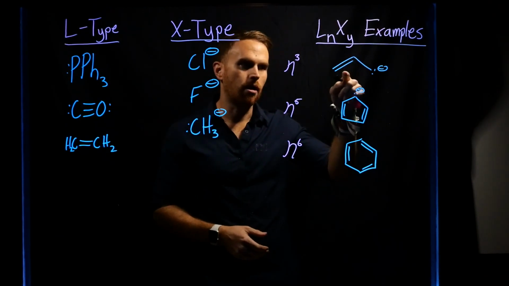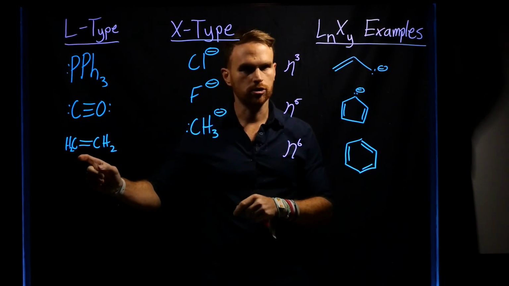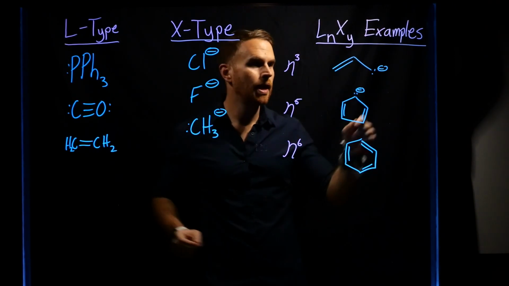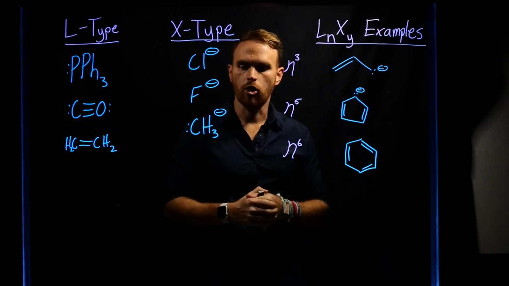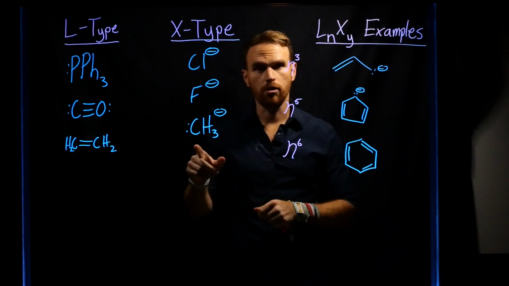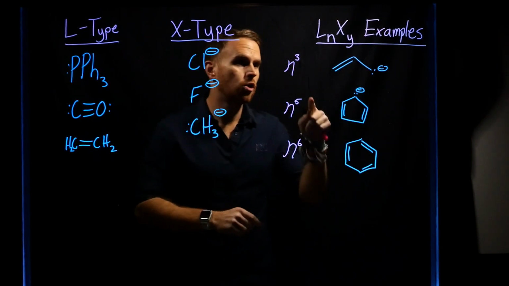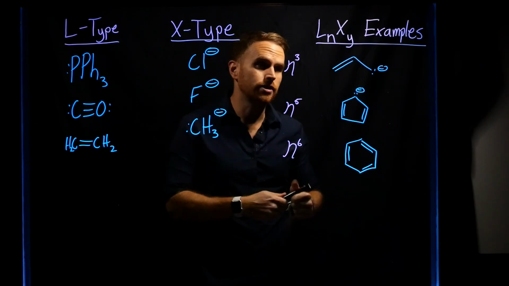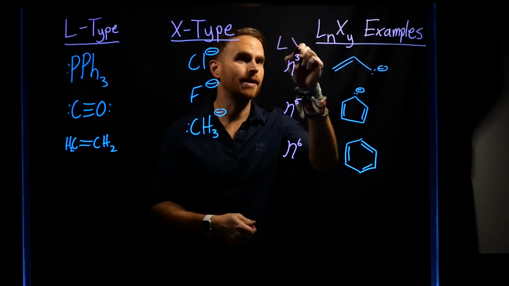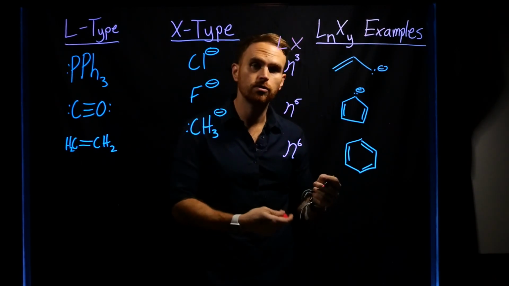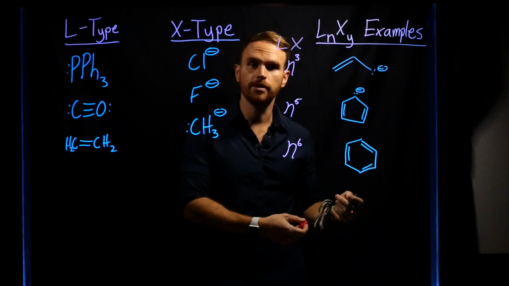This pi bond is similar to the ethylene, which we said was an L-type ligand. And this anion over here on this terminal carbon is similar to the one that we saw in the methyl anion. So that could help you predict that this is going to contain an L and an X. So this would be classified as an LX type ligand.